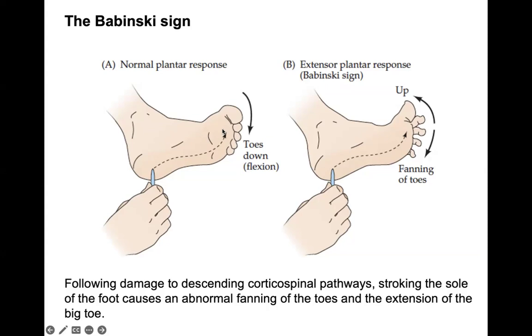The normal response will be the flexing, like this, toe down. But the abnormal response will be the fanning of the toes. Whenever you have this fanning of the toes, the response is called the Babinski sign.